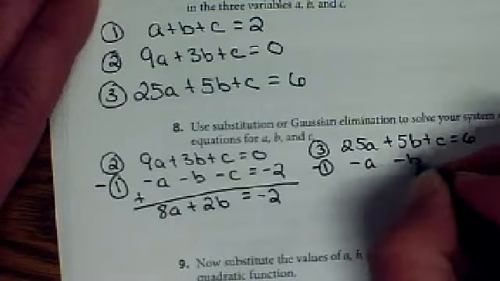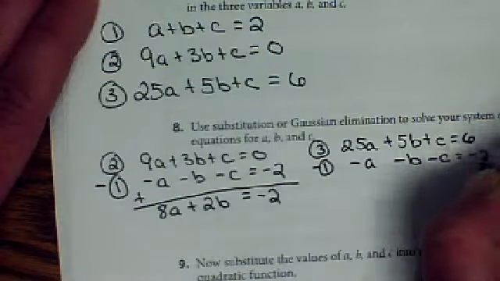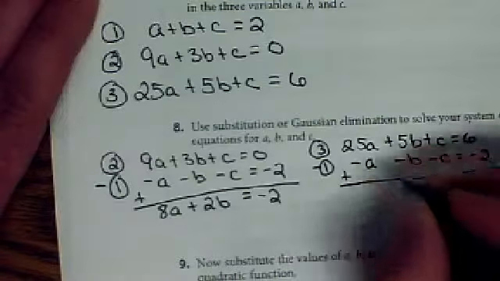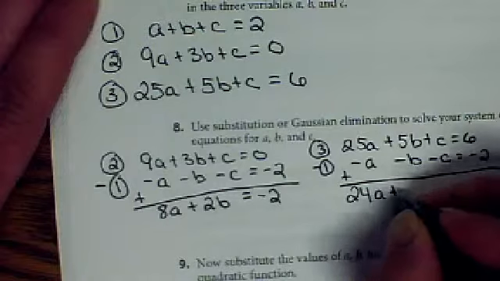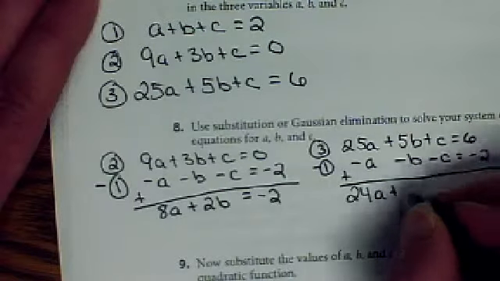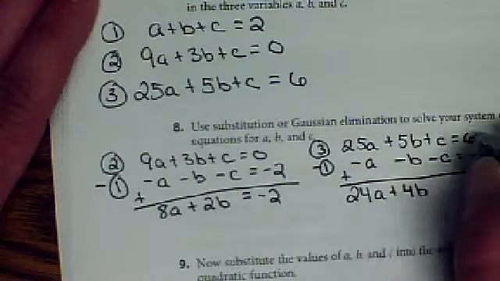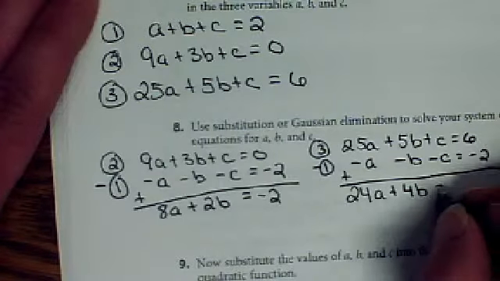Negative a minus b minus c equals negative 2. 25a and a negative a is going to be 24a. 5b and a negative b is going to be 4b. And then 6 and a negative 2 is going to be 4.